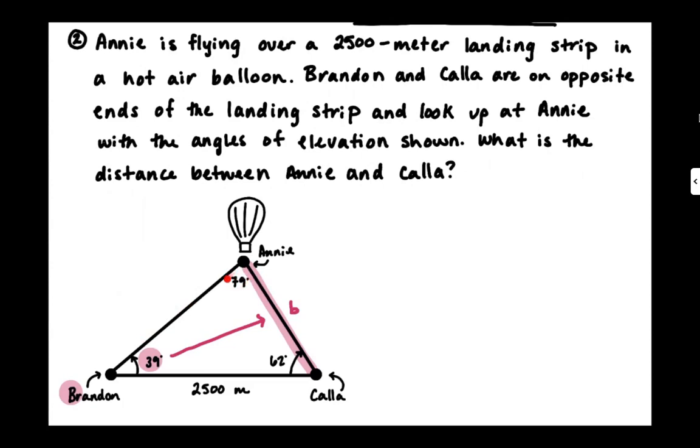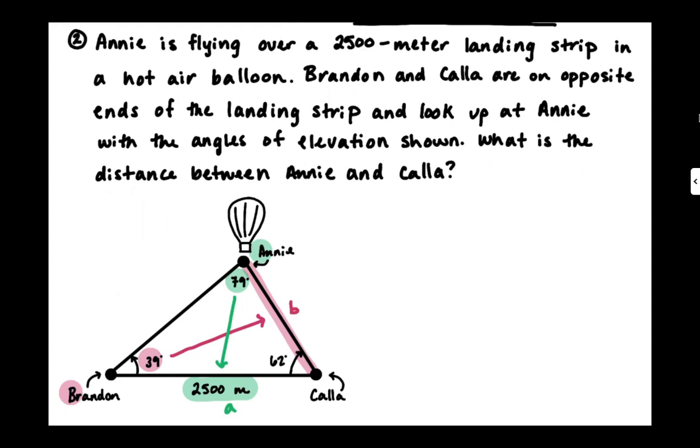I also have Annie's angle here, and if I go across from that angle, I do know that side. So let's use that. Let's call that angle A for Annie. If I go across the triangle from angle A, I get 2,500 meters. Let's call that little a.